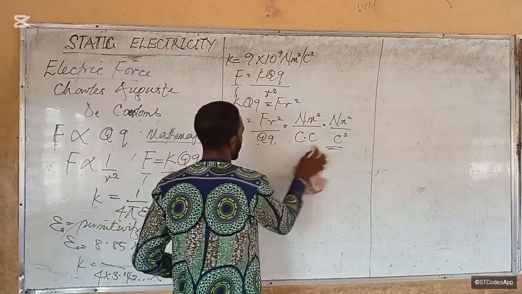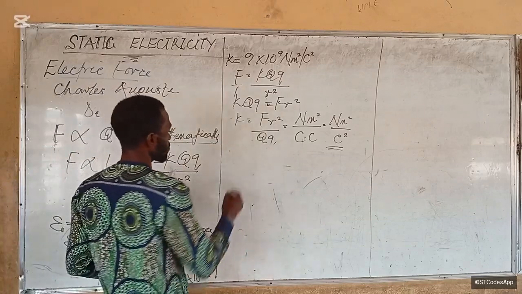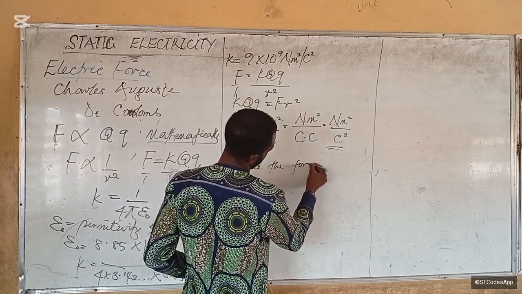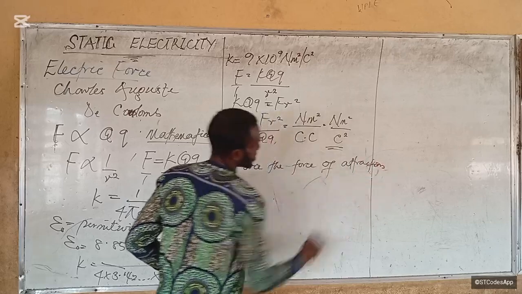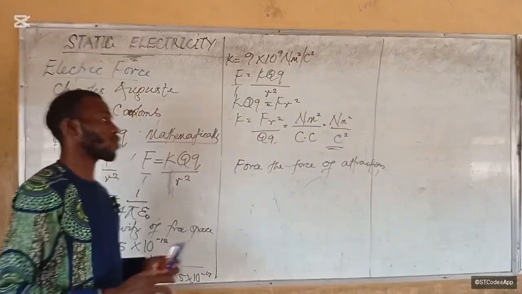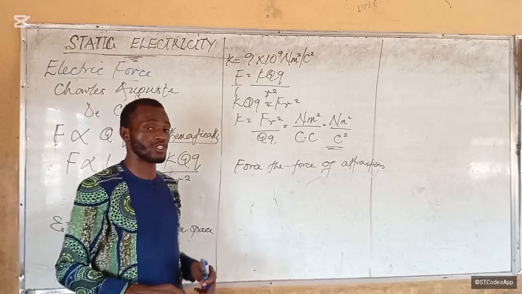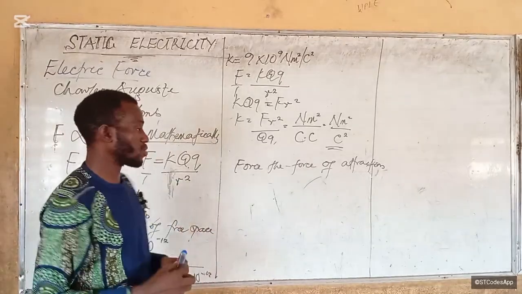Now let's solve a particular question. If a question says find the force of attraction, or the force, it could be asked whether the force is going to be attractive or repulsive. All you have to do there is check the signs on the charges. If it's the same sign, they will repel. If it's different signs, they will attract.